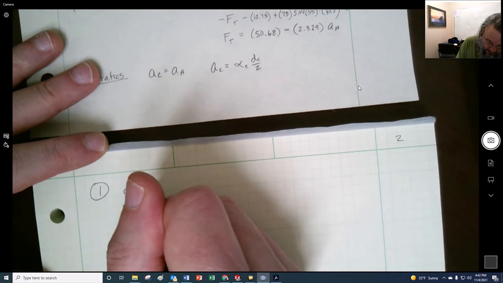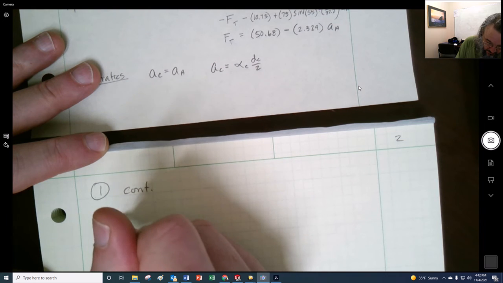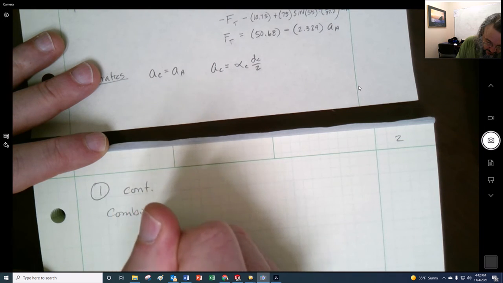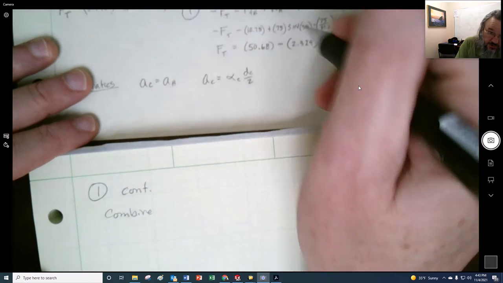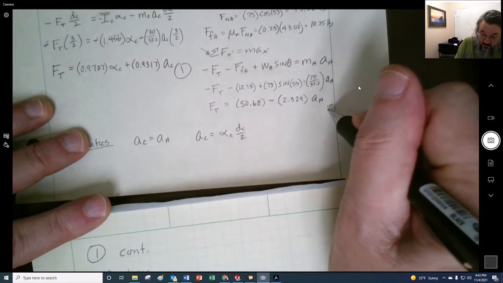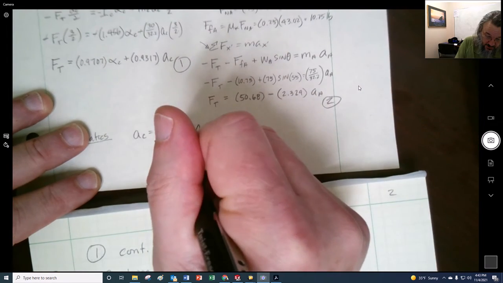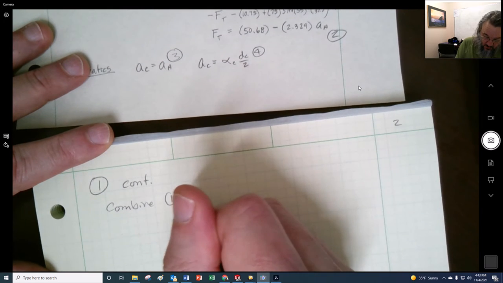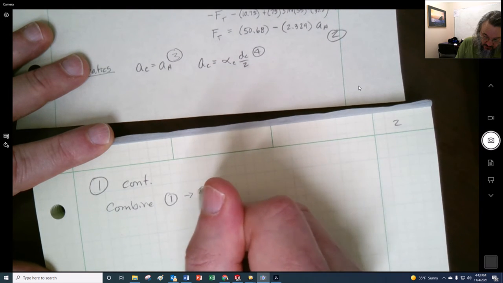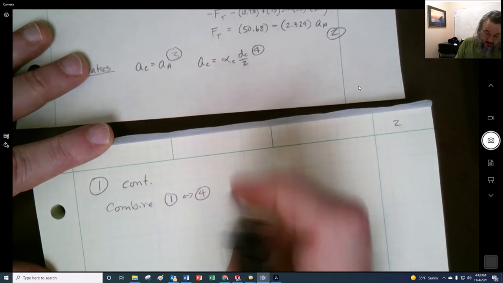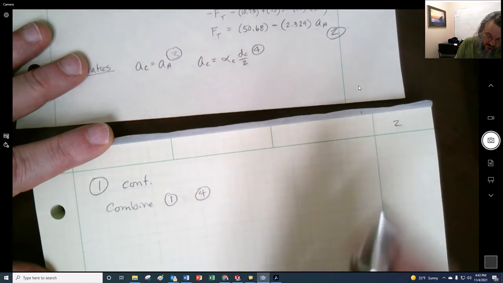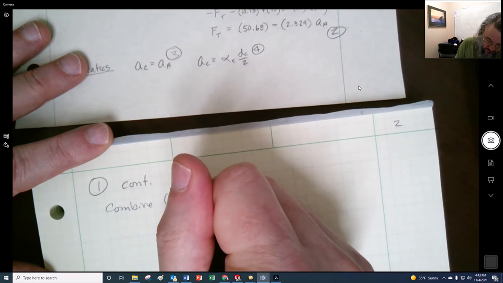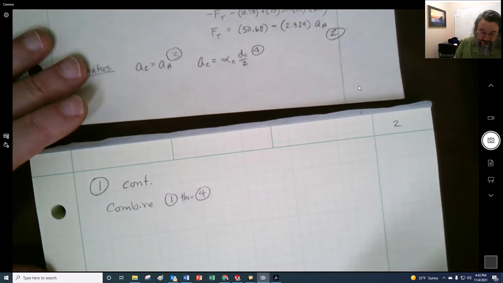I guess I'll call this equation 1, equation 2, equation 3, and equation 4. Combine 1 through 4.